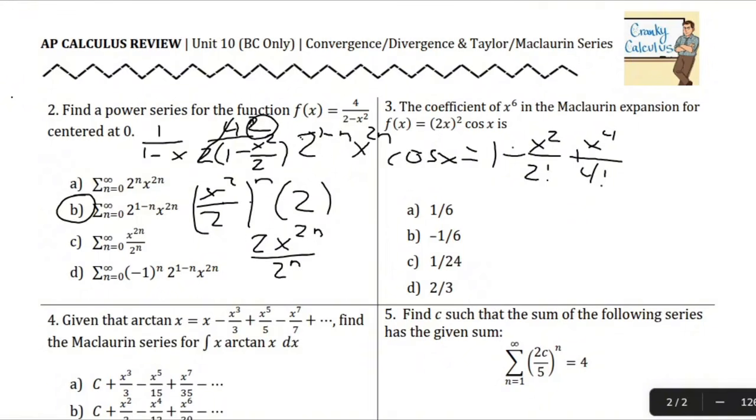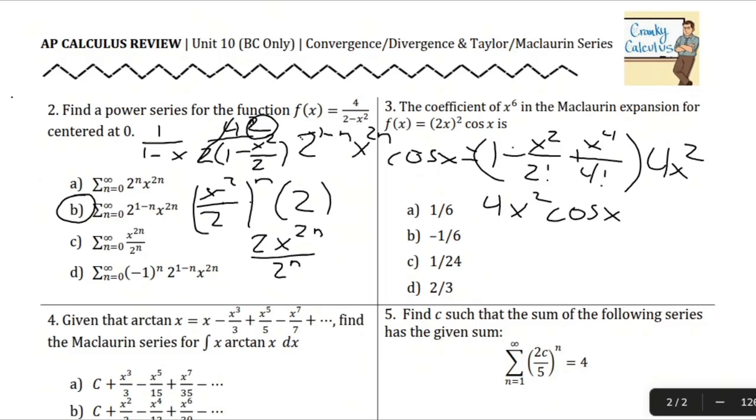So the 2x whole squared is actually going to be 4x squared. They just put it in that form to trick you. So then when we do 4x squared times cos x, we just multiply this entire expansion times 4x squared.